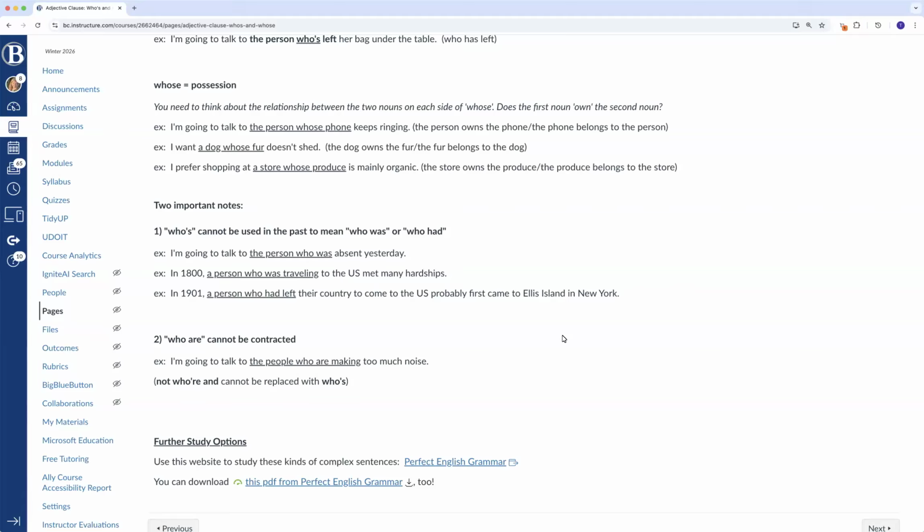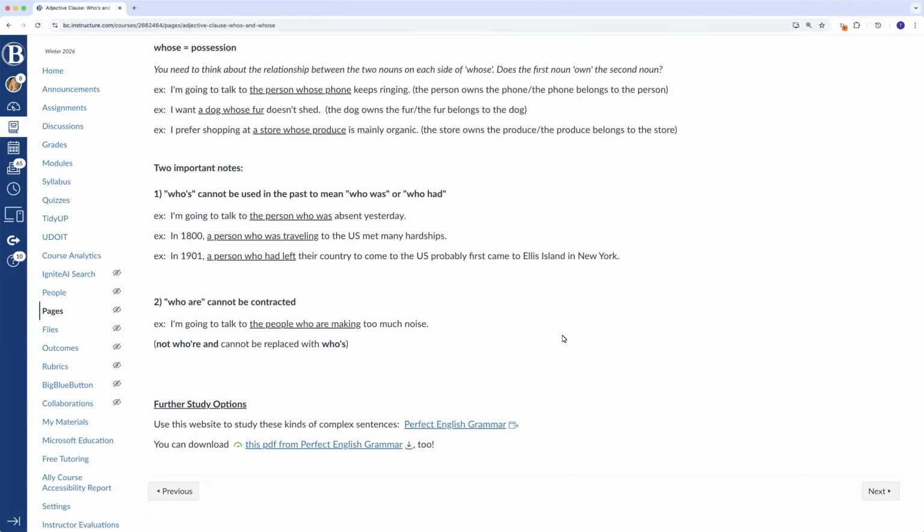In 1800, a person who was traveling to the US met many hardships. We cannot contract who was to who's. In 1901, a person who had left their country to come to the US probably first came to Ellis Island in New York. So clearly, who'd can't be contracted to who's.